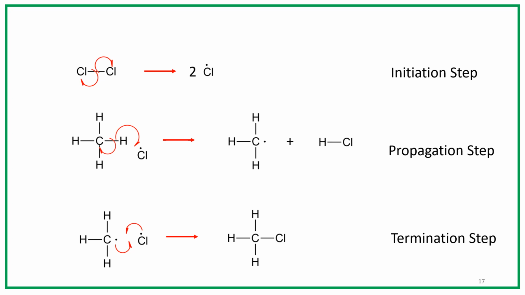So therefore, in free radical reactions, we have three steps: initiation, propagation, and termination. These reactions take place due to free radicals, and they can form new chemicals. This type of reaction we call free radical substitution. In this example, hydrogen is substituted by chlorine. Therefore, this is a free radical substitution.